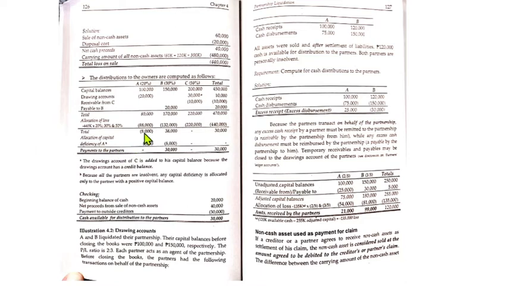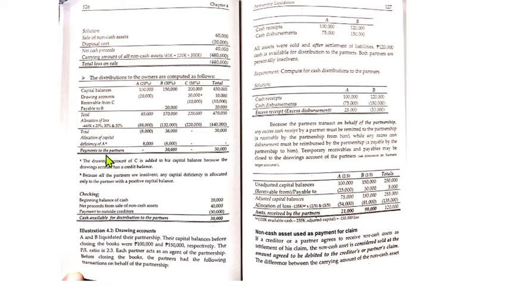Ibig sabihin, si A, insolvent siya, hindi niya kaya, isi-shoulder siya ni B at C dapat. However, based on this problem, si C ay wala na siyang balance on the capital balance. Therefore, dahil insolvent din naman siya, isi-shoulder na siya lahat ni B. So, yung buong 8,000 will be shouldered by B. Kaya nga siya binawas lahat kay B.